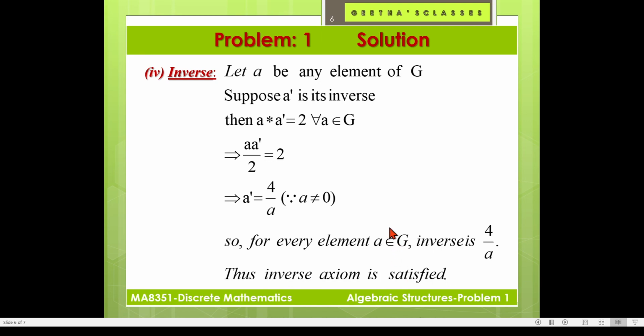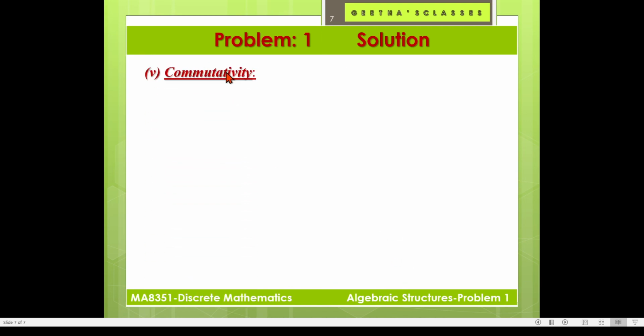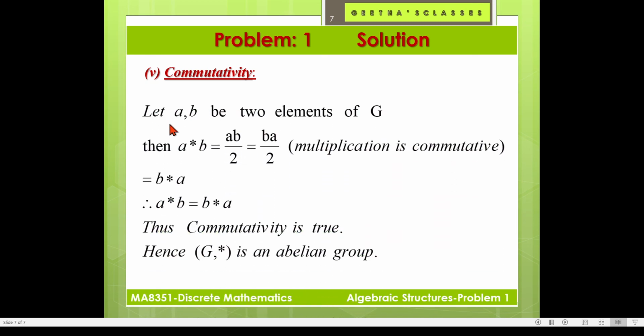Coming to the last property, commutativity. What is commutativity? a star b equals b star a. We will check that. Let a, b be two elements of G. Then a star b can be written as ab by 2, by definition. Now we can write this ab as ba, because multiplication is commutative.